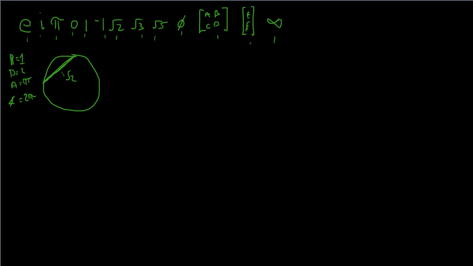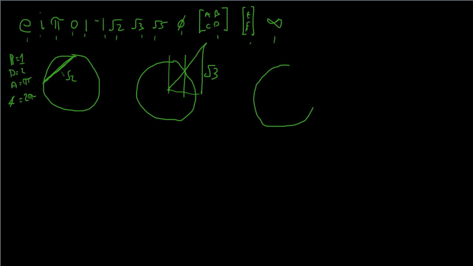And if this is the unit circle again, and we divide this in half, take that line through there, this here is the square root of 3.